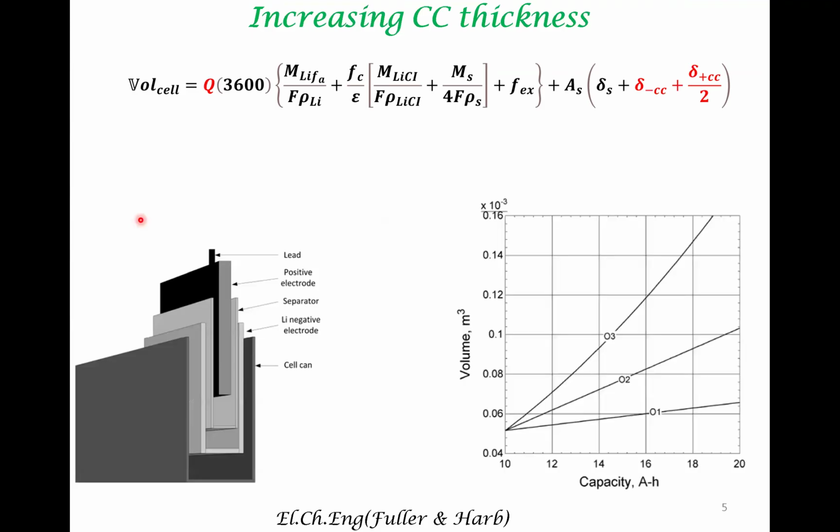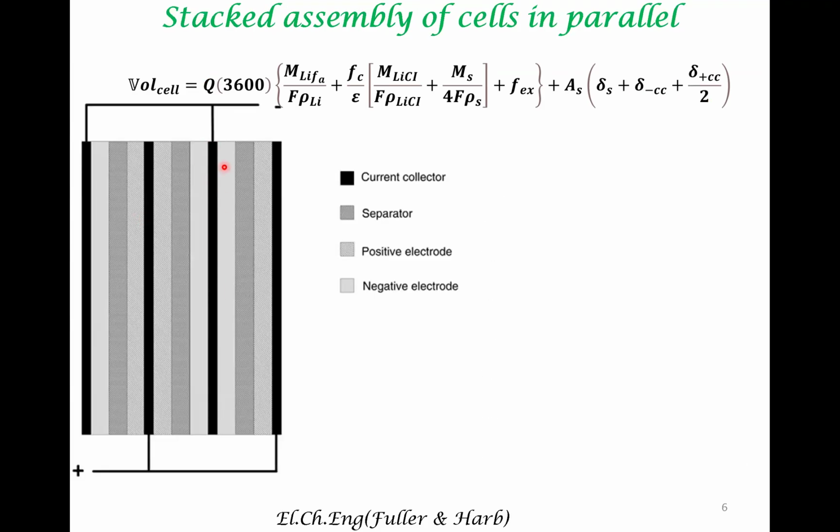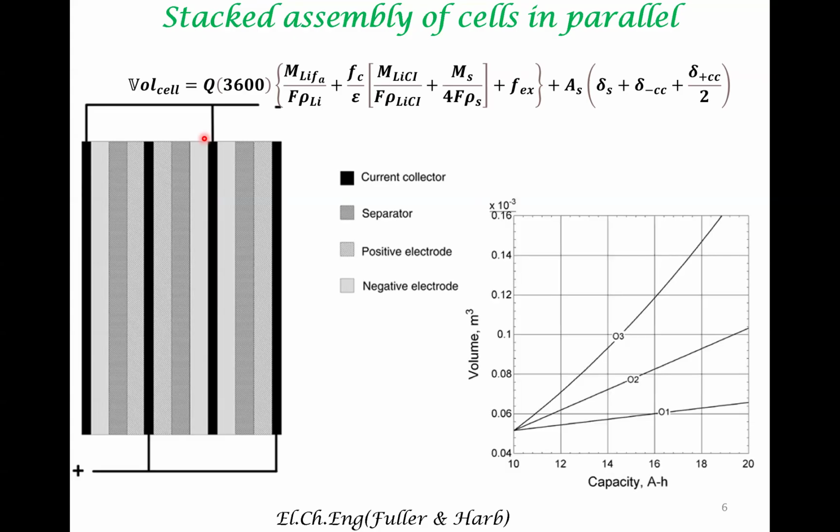Instead of doing that, I can have a stacked assembly, because here also I'm increasing the cross-sectional area, but the cross-sectional area of the individual current collector is not increased. Twice the cross-sectional area is obtained by having two current collectors in this manner. So this is also advantageous. The volume increase with this option would be similar to option 2.